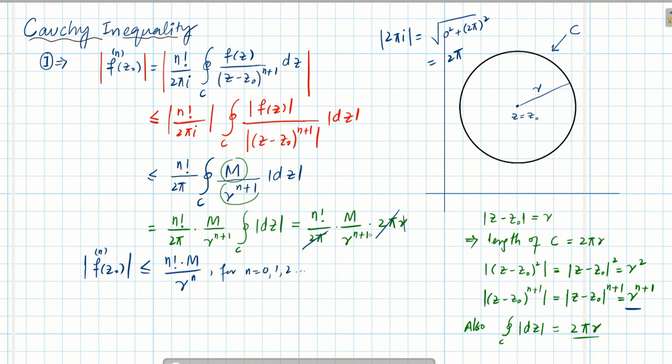Basically r will cancel out with r to the power n plus 1, so we are left in the denominator with r to the power n. Okay, so this is the required proof of Cauchy inequality.